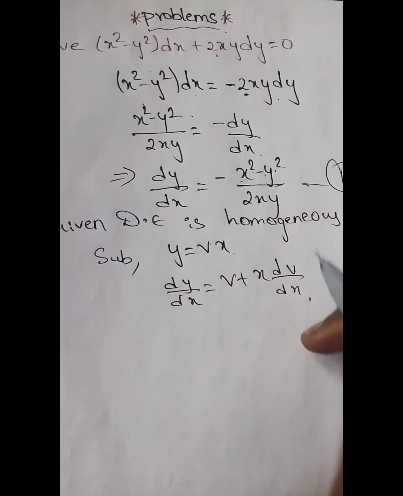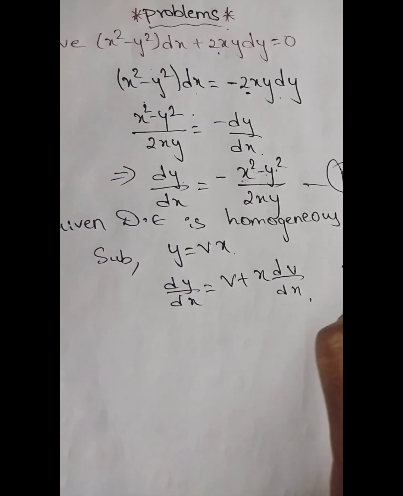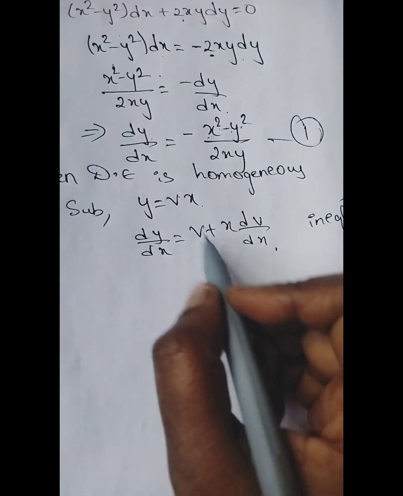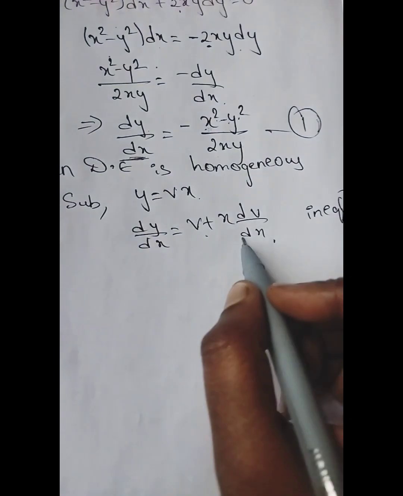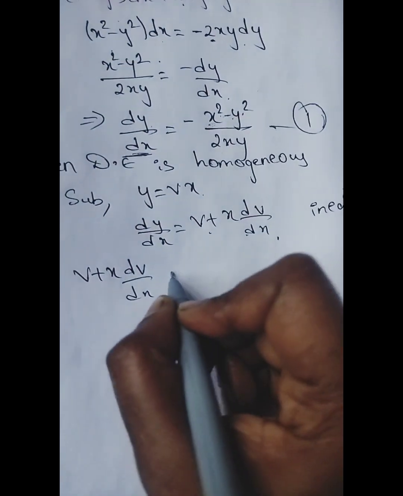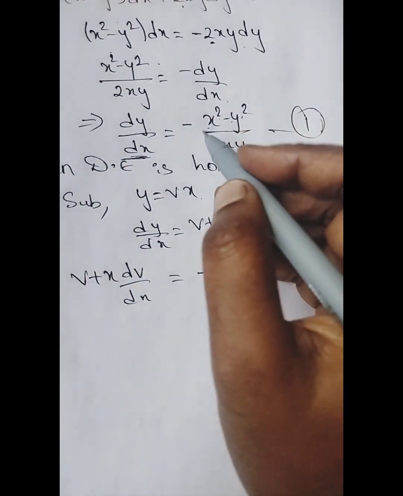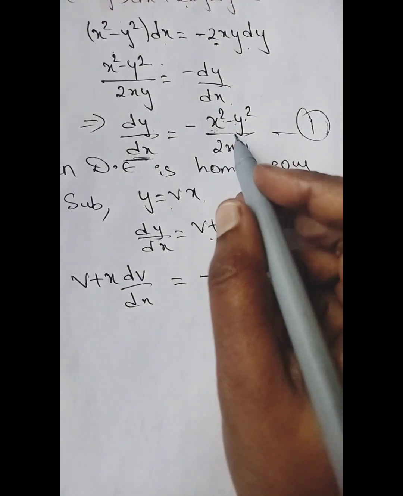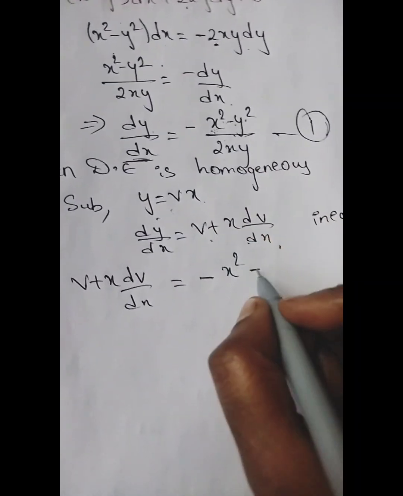In equation 1, substitute. Now on the left hand side I have dy by dx, so v plus x into dv by dx I have written here, minus x square, in place of x square nothing, so x square minus y square, in place of y we have to substitute vx.